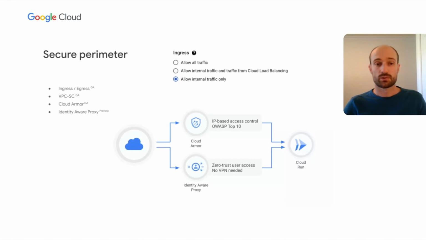Similarly, you can control where the outbound request should go. For example, when you do an outbound request to the internet, you can force it to go through your VPC. And by using ingress and egress settings, you can also enable VPC Service Controls, allowing you to put your Cloud Run services inside a VPC-SC perimeter.